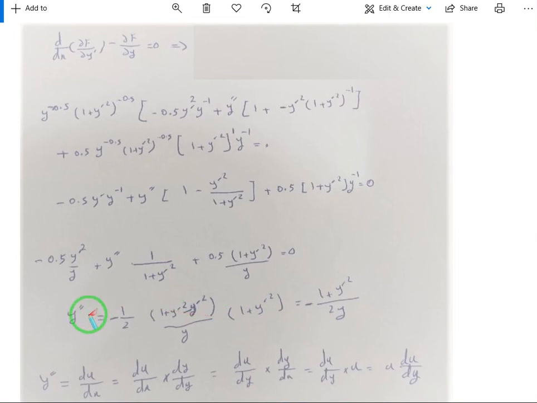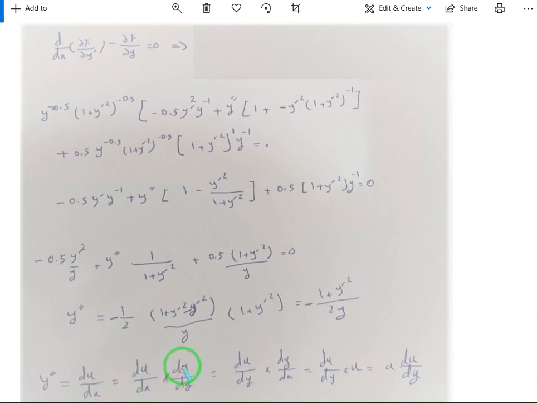In this equation, as you can see, we don't have the independent parameter directly in our formulation, so we can do a change of parameters. Let's assume that y dash is a function of y. We name y dash as u, so y double dash is equal to the derivative of u with respect to x.